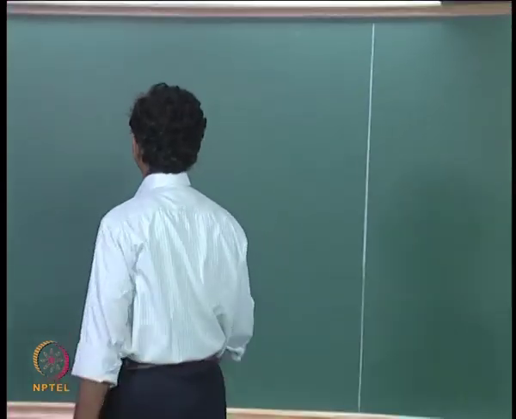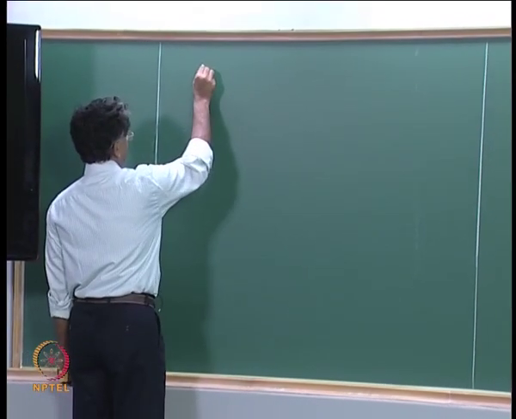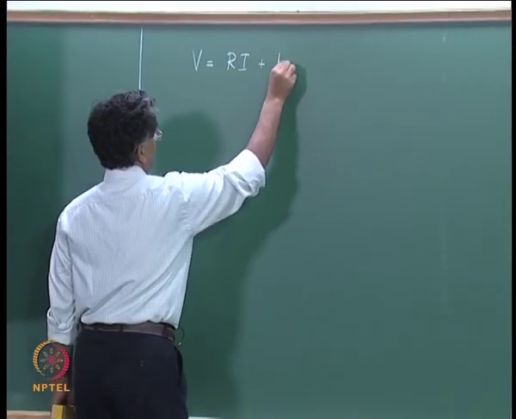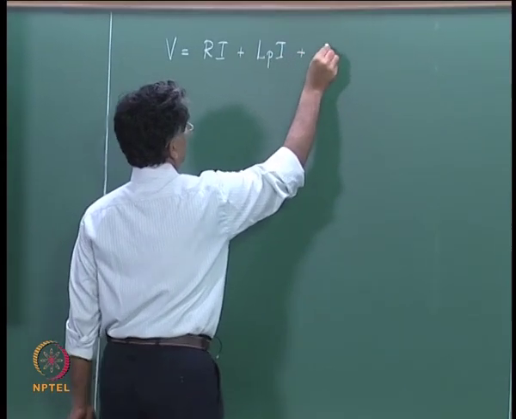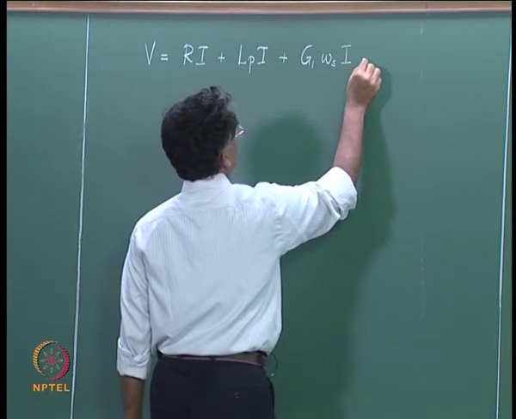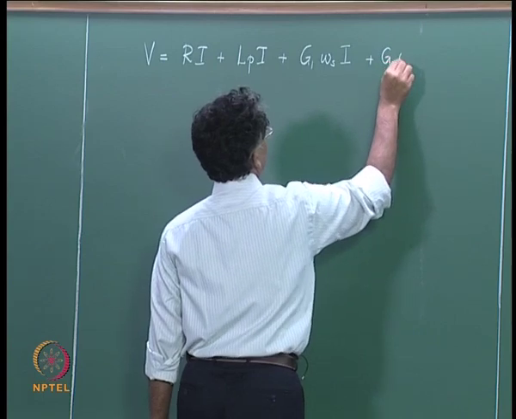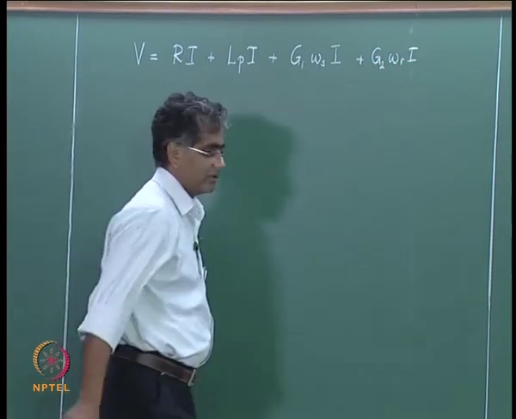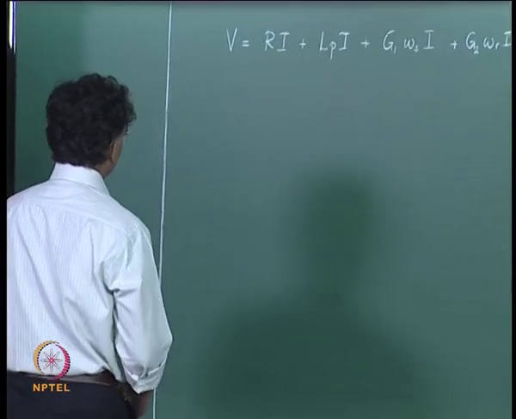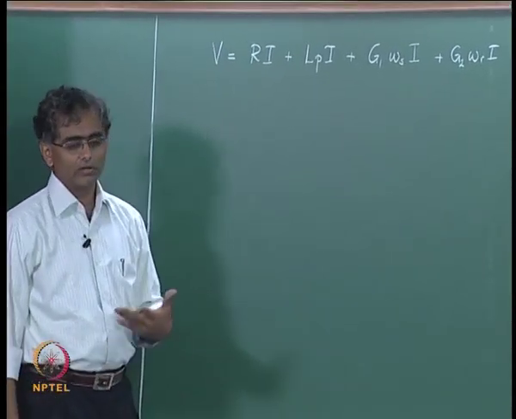Looking at small signal equations, the small signal model for the induction machine, in the last lecture, what we had was the expression for the machine equation: V equals R I plus L P I plus G 1 omega s into I plus G 2 into omega r into I. This equation is written for variables in the synchronous reference frame, and we have dropped the superscript and the subscript here in order to simplify the notations.